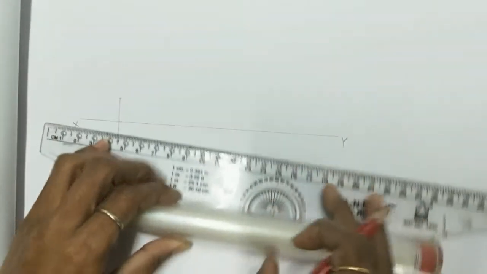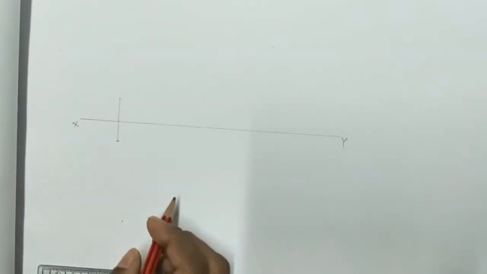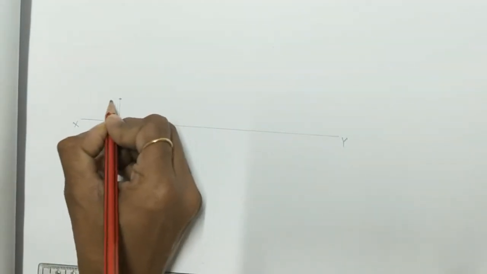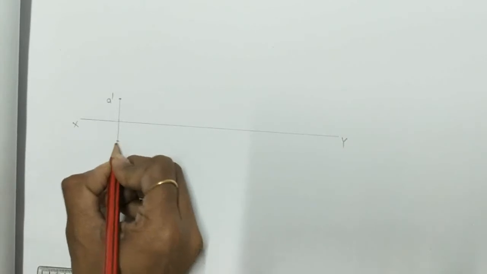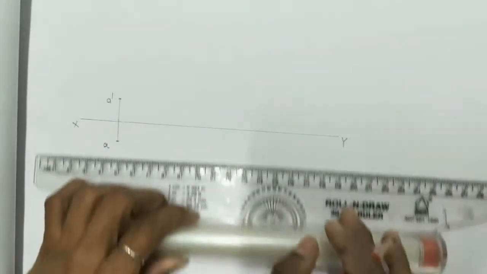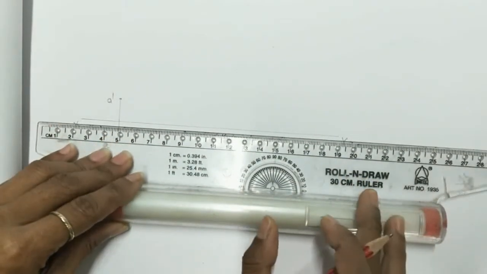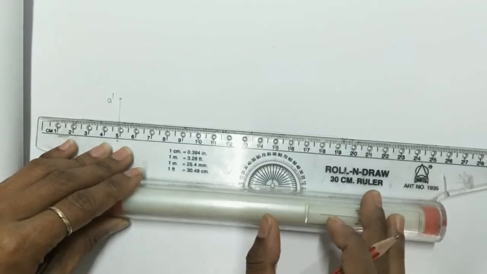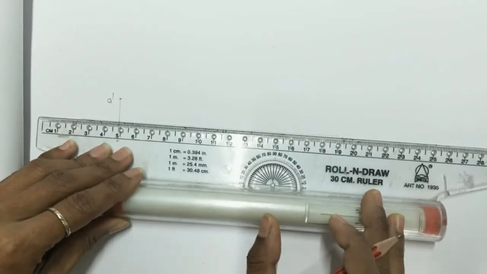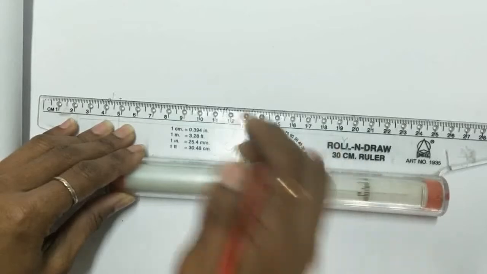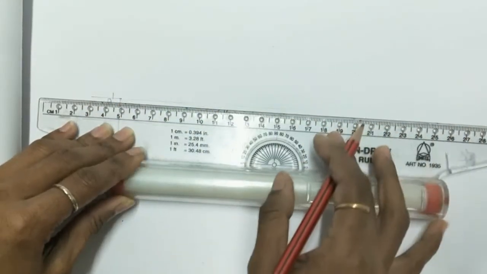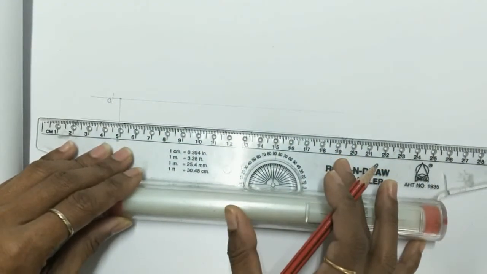Okay. Now give name to these points: this is front view, so this is point A dash, and this is top view, so point A. Now draw horizontal lines from point A dash and point A.